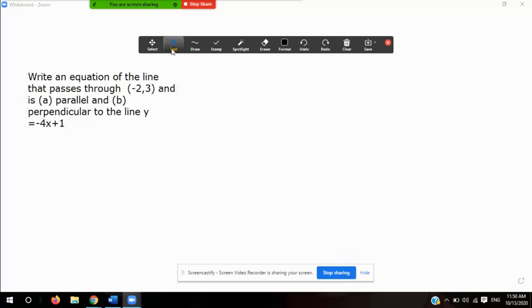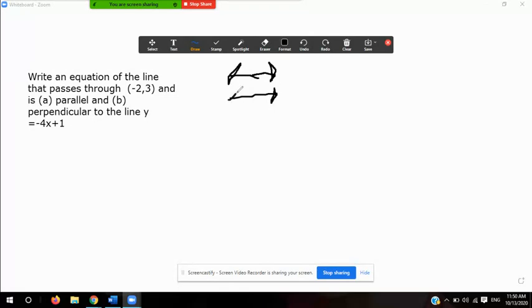So in this exercise, it's actually divided into 2 because you're working with parallel and perpendicular lines. So remember that parallel lines are lines that never intersect. So this is an example of a parallel line. And perpendicular lines are two lines that do intersect to form a 90-degree angle.